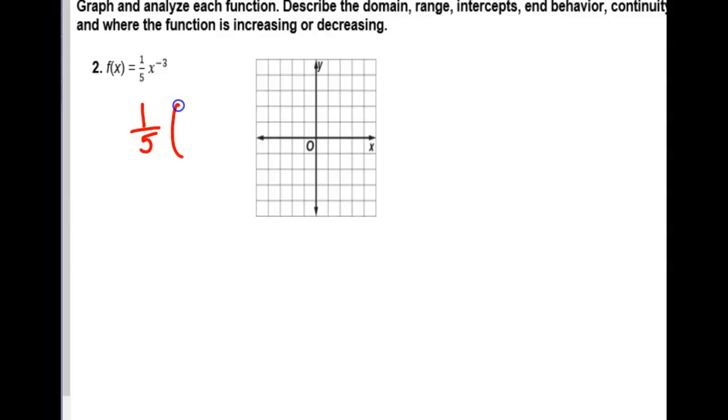This would be 1/5 of x to the -3. We could write it like this. So x can't be what, guys? What's the restriction on the domain? X can't be 0 because you'd be dividing by 0. Okay, somebody graph this bad boy and tell me what you get.